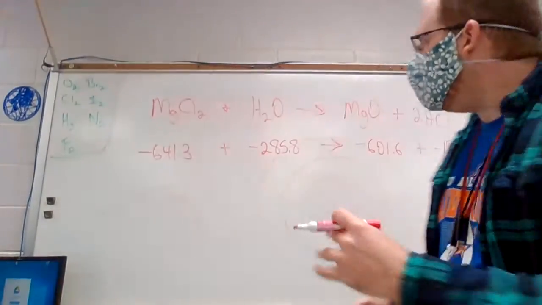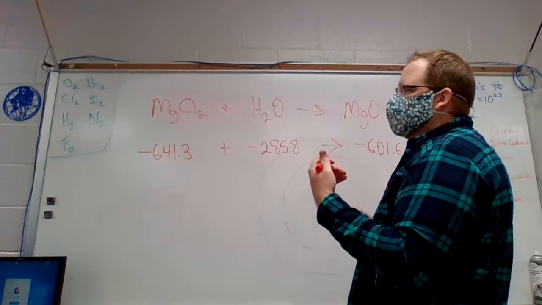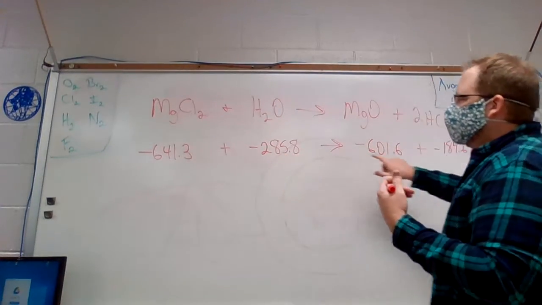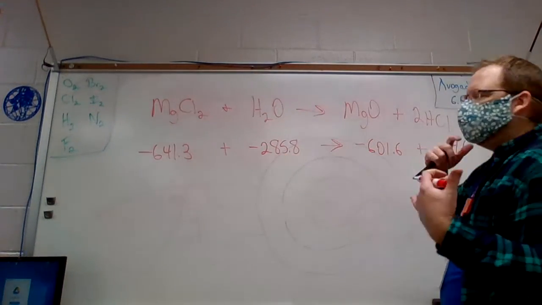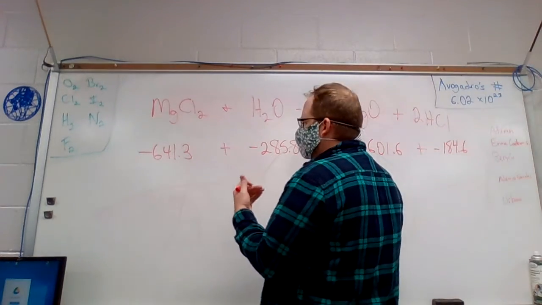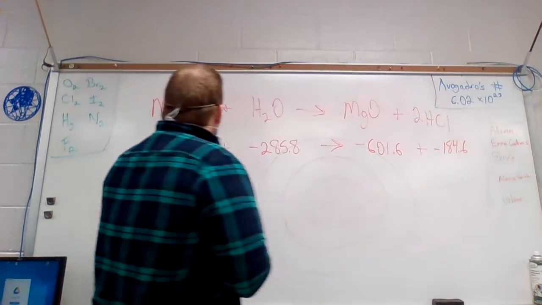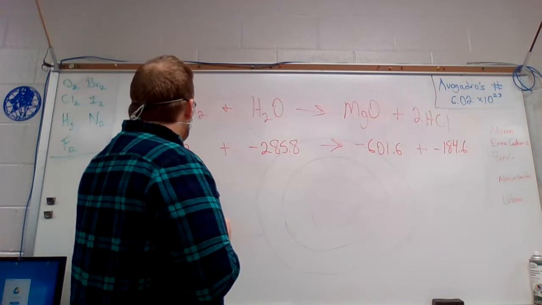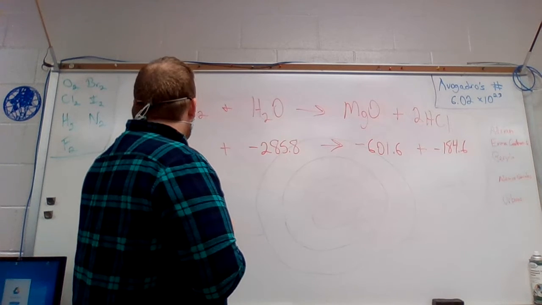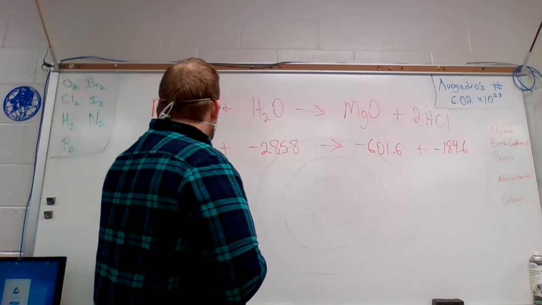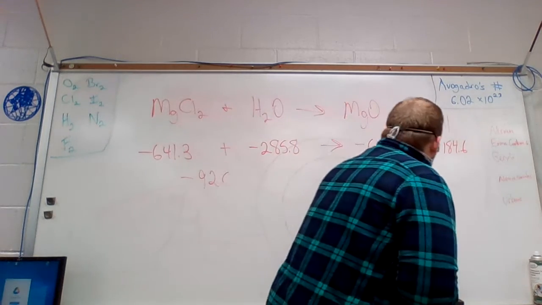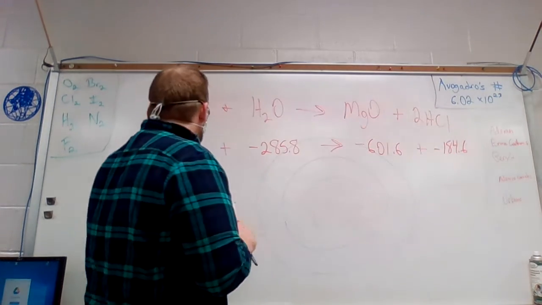So once you have your formula and you've looked up all of your values, you're going to complete this by adding together your reactants and your products, and then you're going to do products minus reactants. When I add the reactants together, I get negative 927.1.